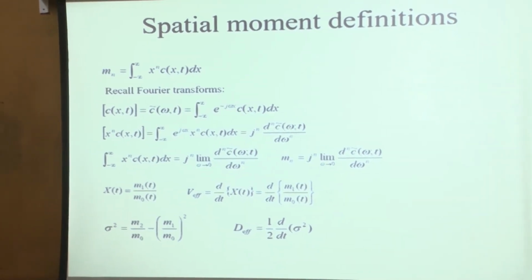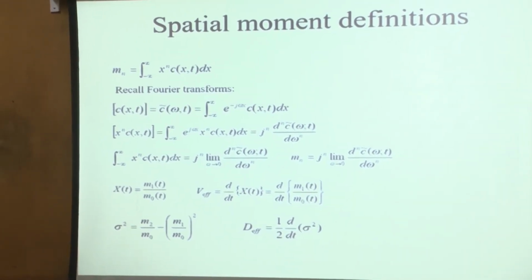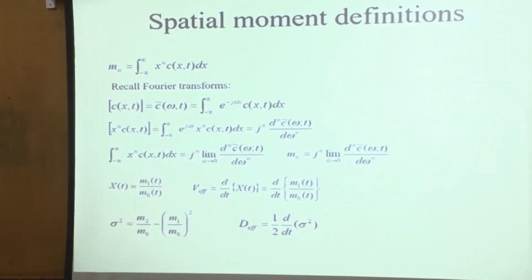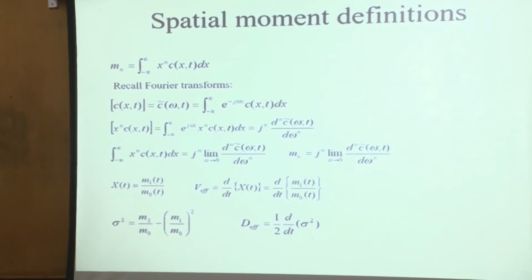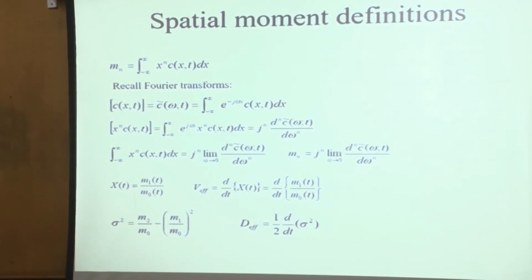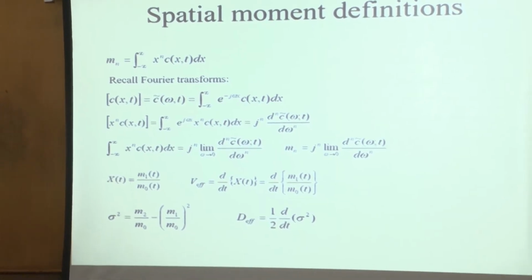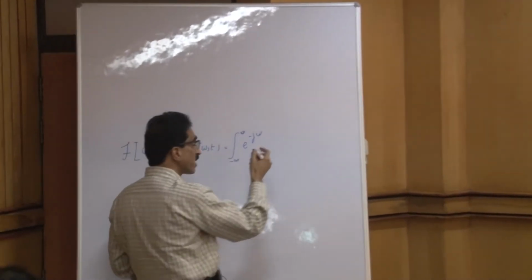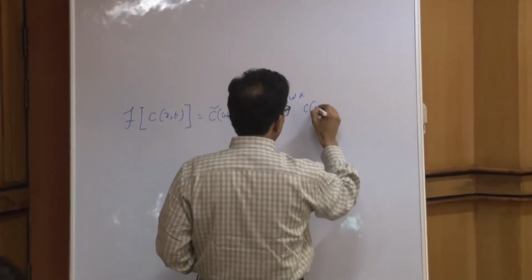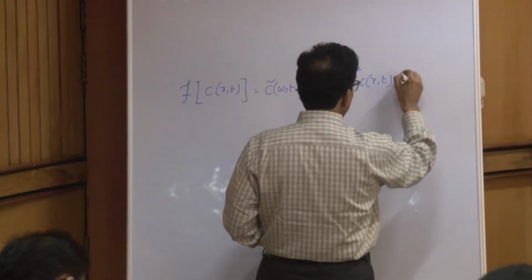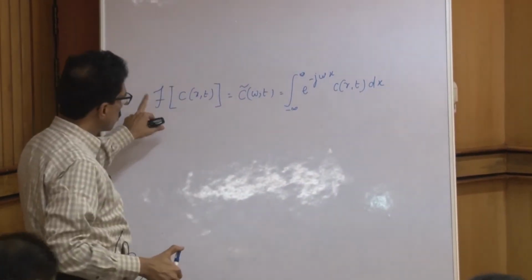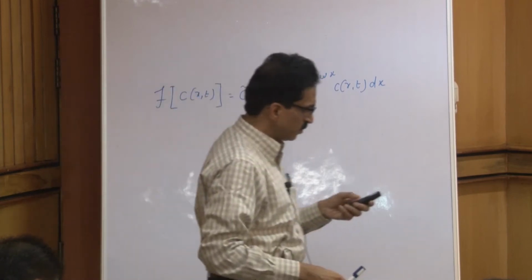So for the Laplace transform, we are using c hat. For Fourier transforms, let's say we use c with omega, and this has integral from minus to plus infinity of e to the minus j omega x dx.